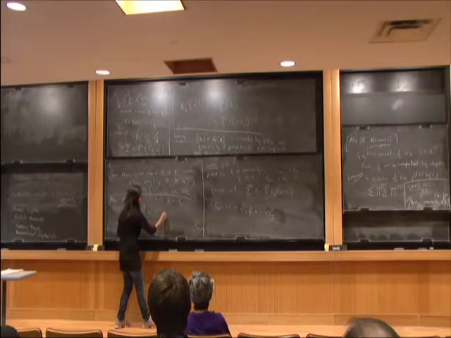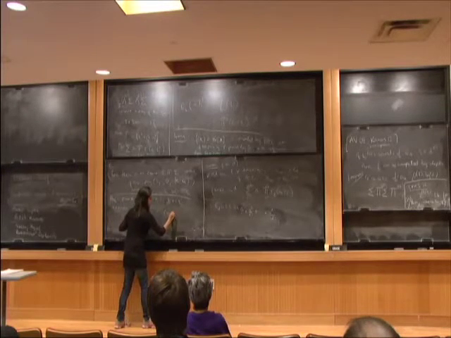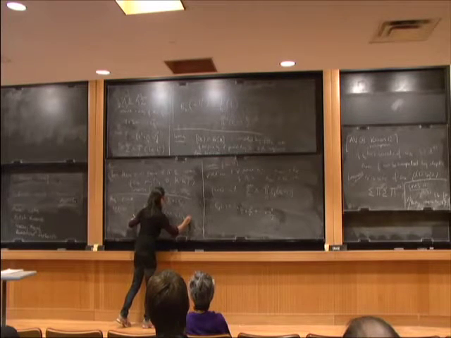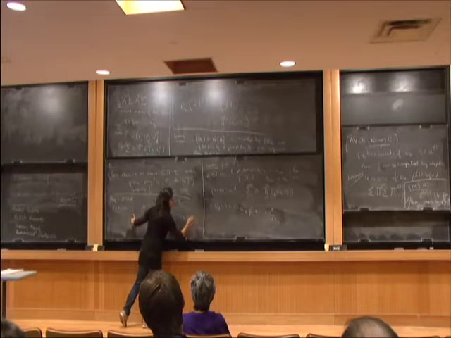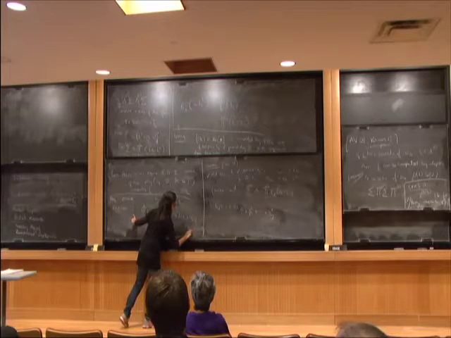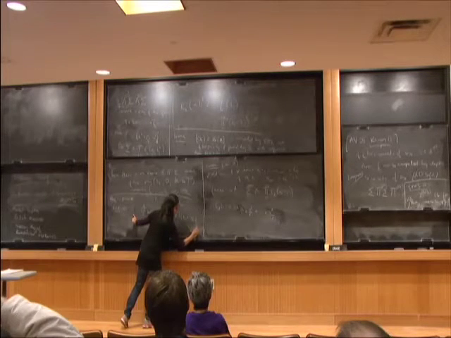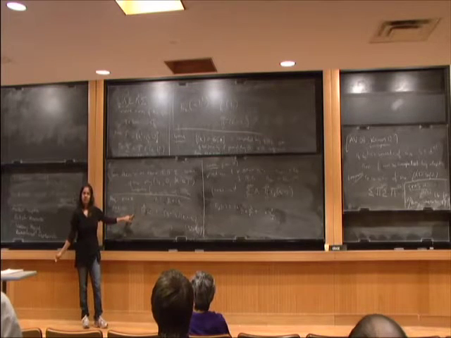So you get (G1 plus i G1 prime) times (G2 plus i G2 prime) times ... times (GD plus i GD prime).